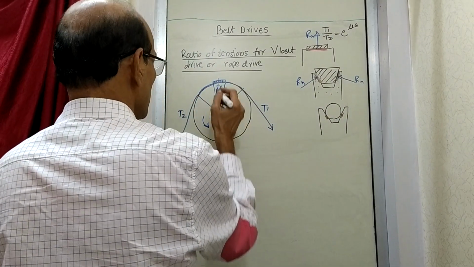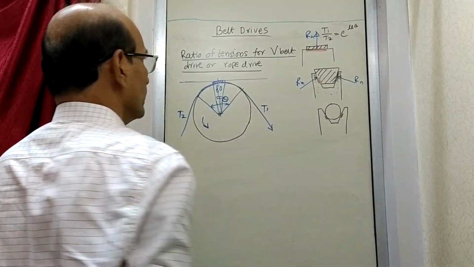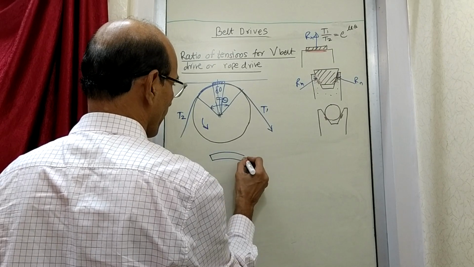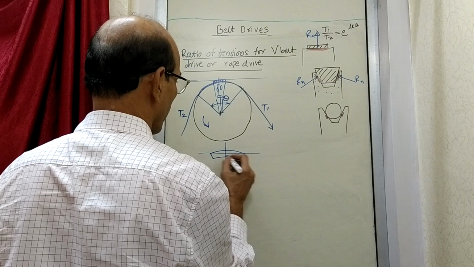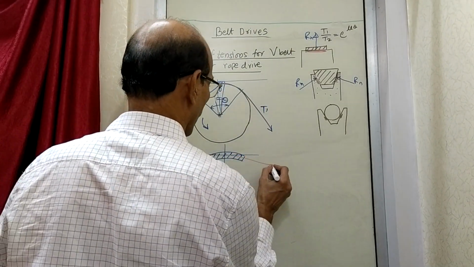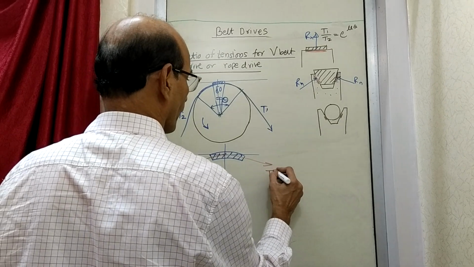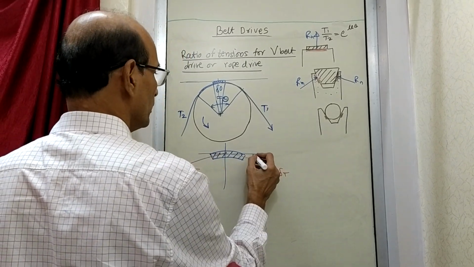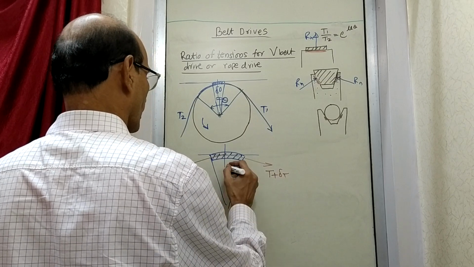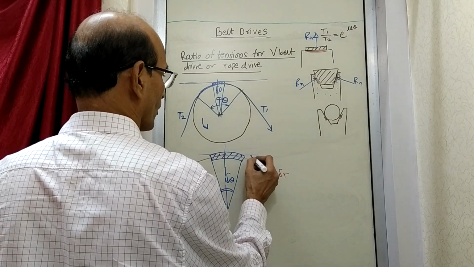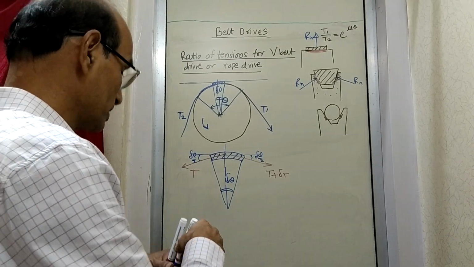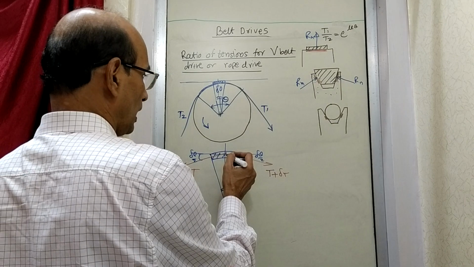So when we write the equation, first of all, this small segment, then the forces, this is T, then the angle is delta theta by 2.